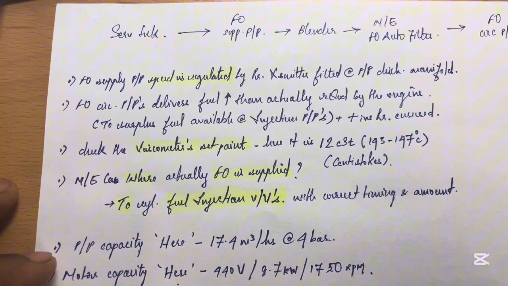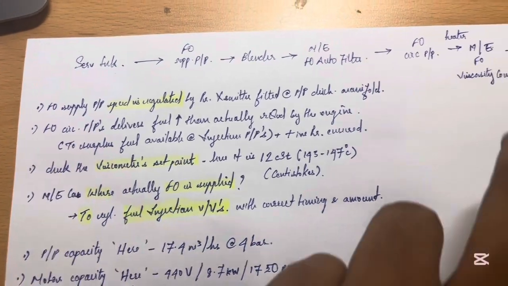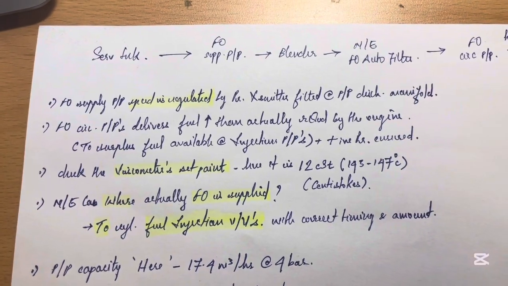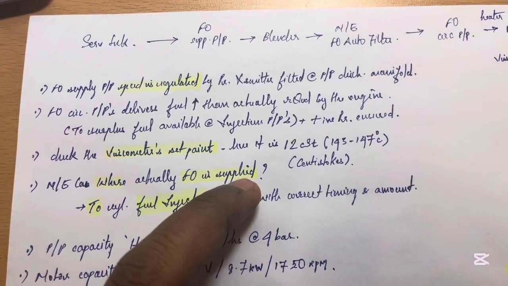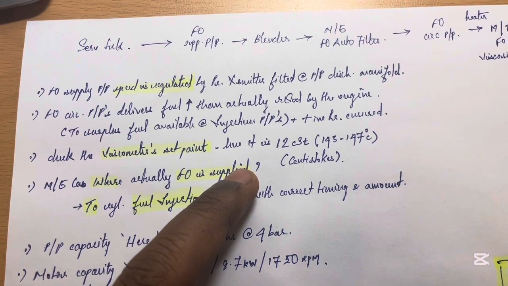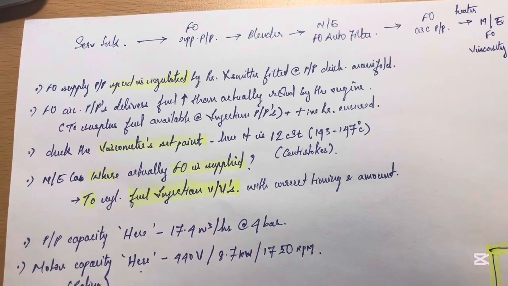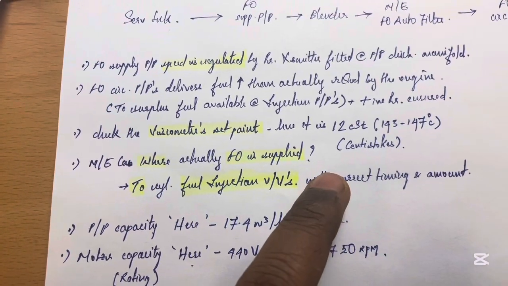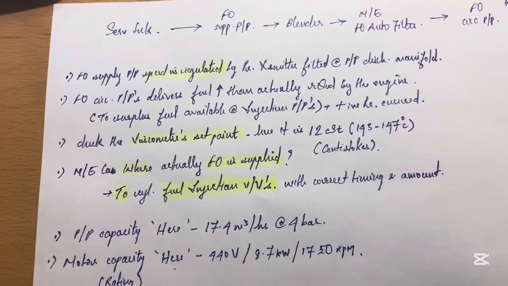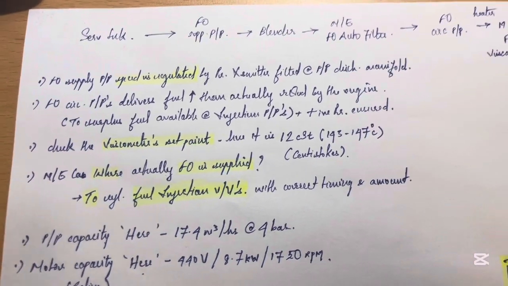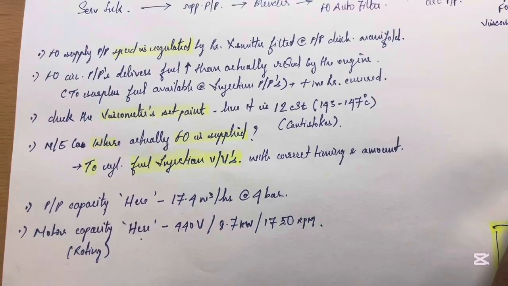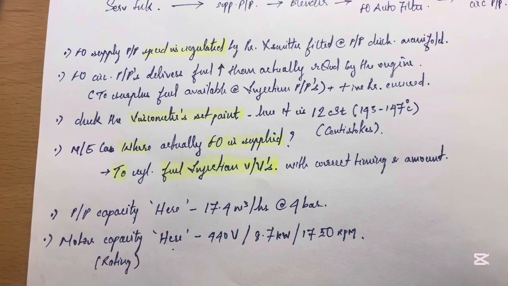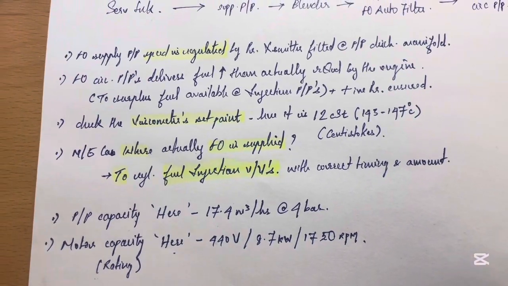Moreover, the fuel oil circulation pump, this one, delivers more fuel oil than is required by the engine, so that surplus fuel is available at the injection line and positive pressure is ensured. The viscosity controller controls the oil's viscosity by heating the oil, by controlling the steam. That is how it's achieved.